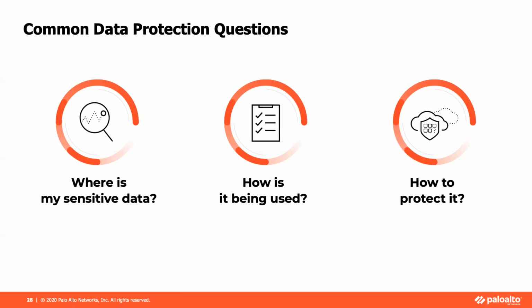Sometimes it's on individual devices. Sometimes it's on servers or desktops. But now it could be in cloud repositories. It could exist in sanctioned apps or unsanctioned apps, in email, Slack, file sharing applications, all these sort of things that weren't widely used or around that often a few years ago.